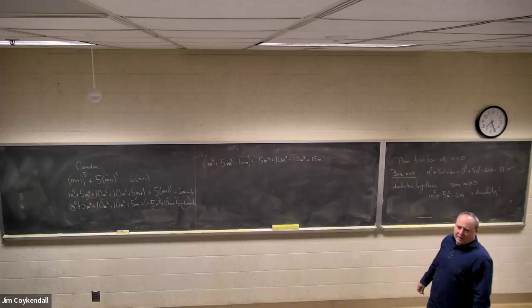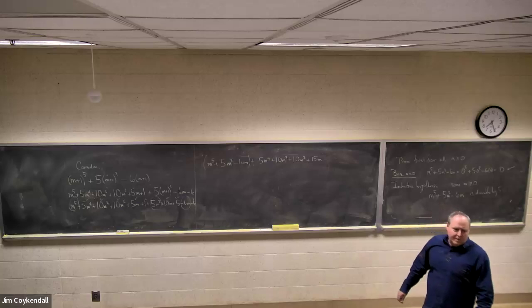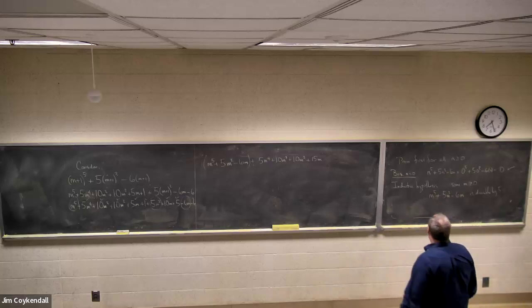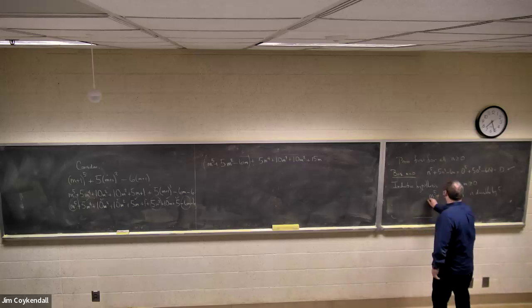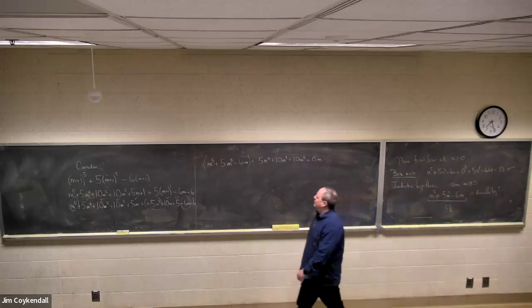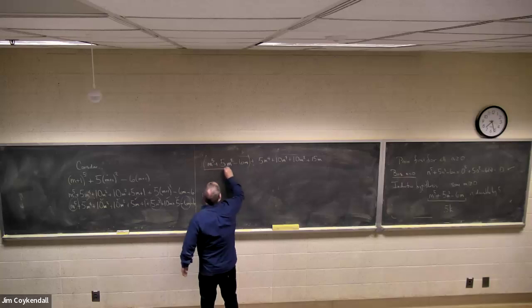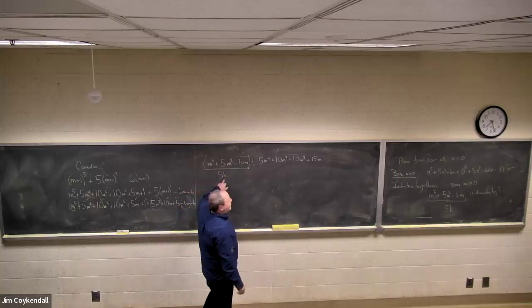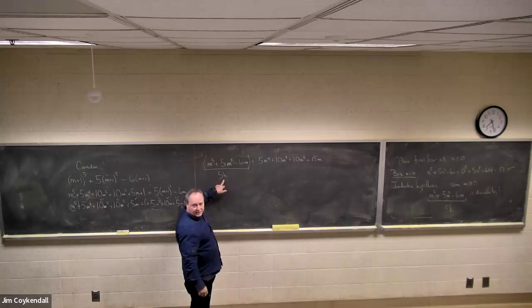And what do we know? Why do I have that first group by itself in parentheses? Because by the inductive hypothesis, we know that this bit is 5k. Would everybody agree there's a factor of 5 in this?